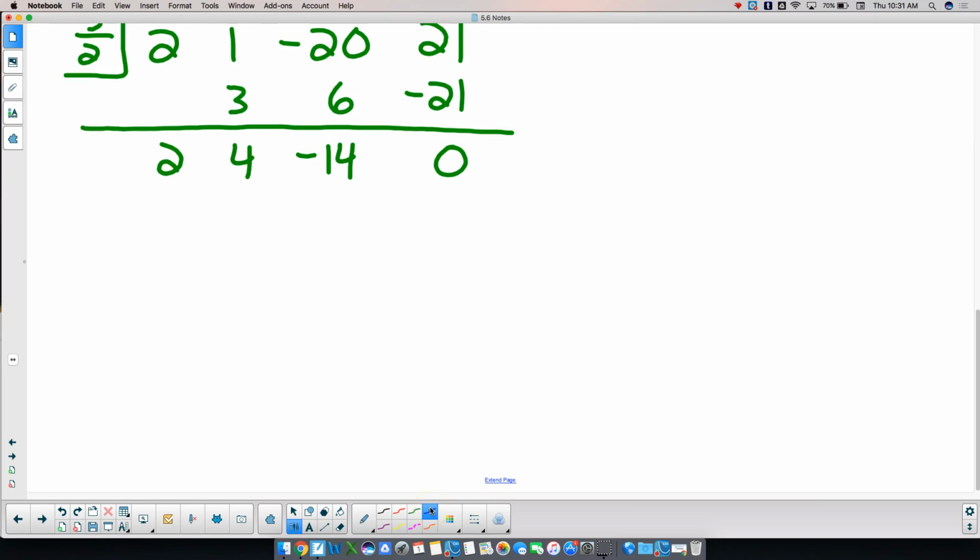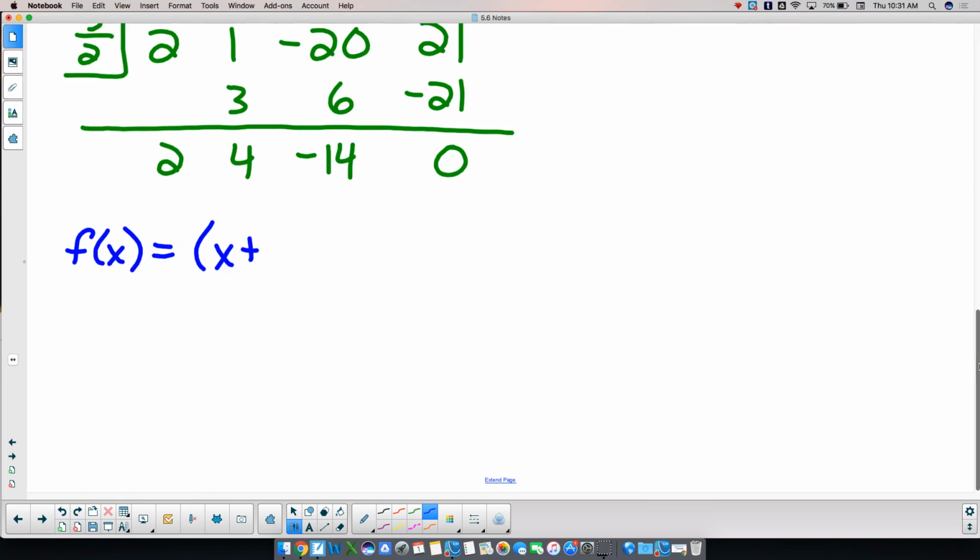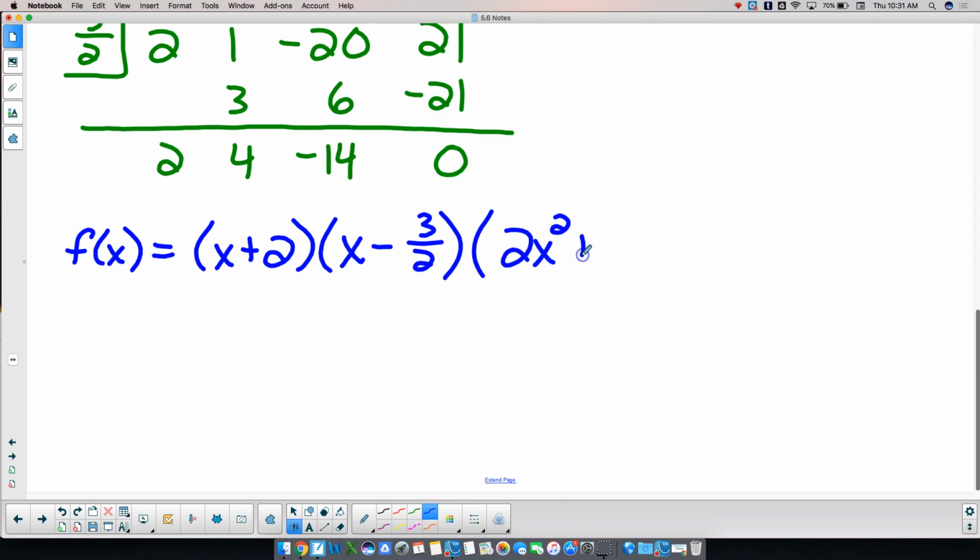So now f of x can be written as x plus 2, my bad, x plus 2 times x minus 3/2 times 2x squared plus 4x minus 14.